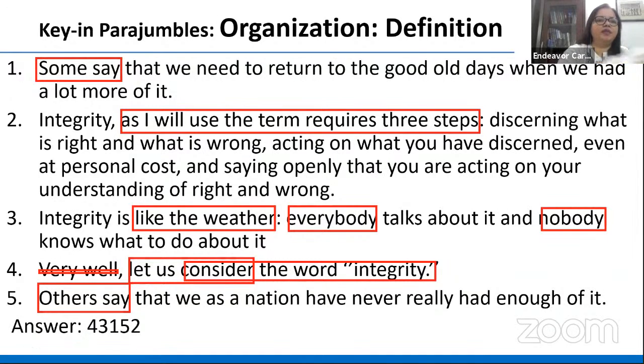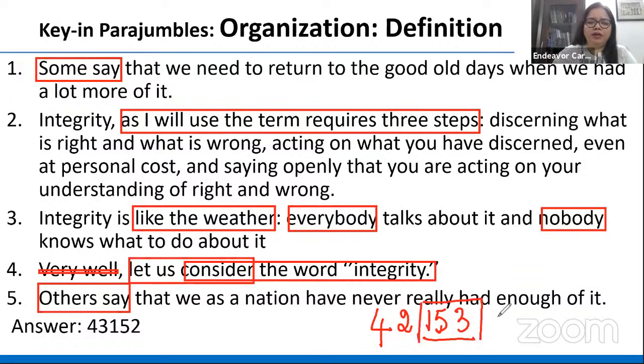Even if we want to start with 4, why can't we talk of 2, which is his definition, and then go on to say maybe 1, 5, and then finally it's like the weather, everybody talks about it? Or even have, instead of 1, 5, 3, why can't it be 5? Sorry, we can't start with 5.